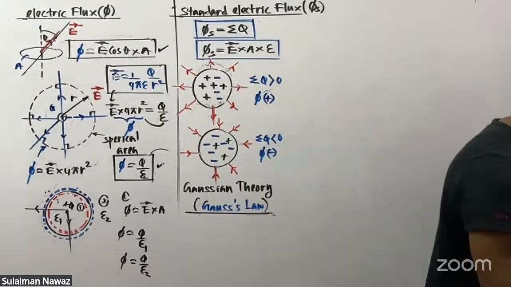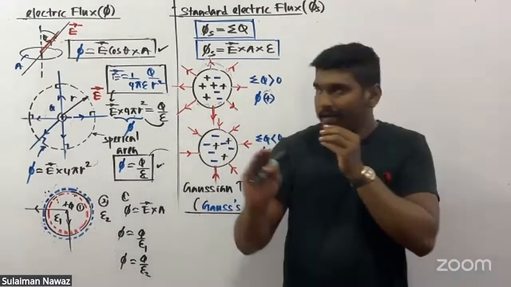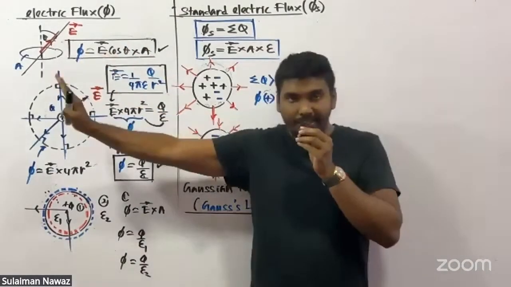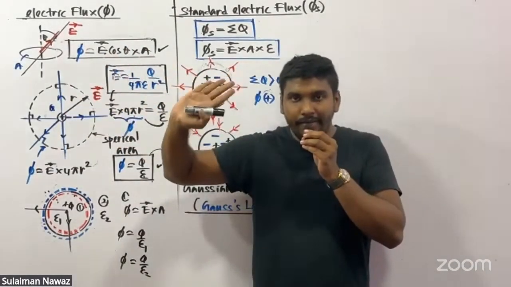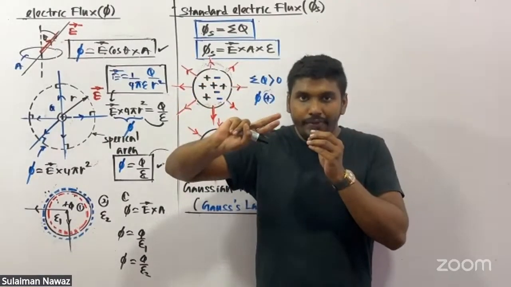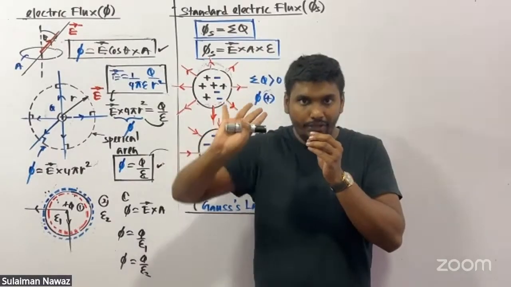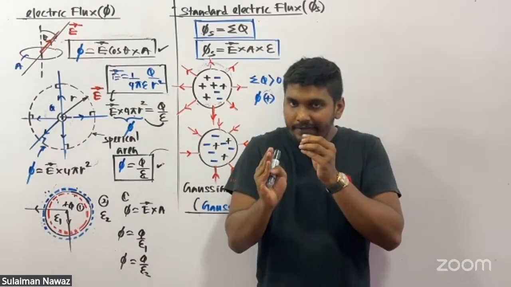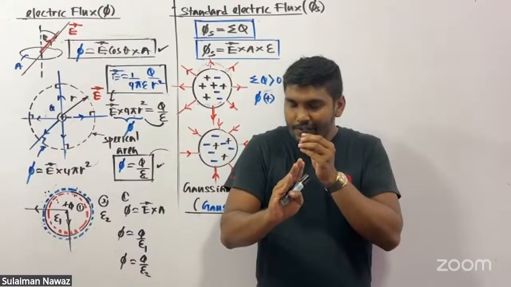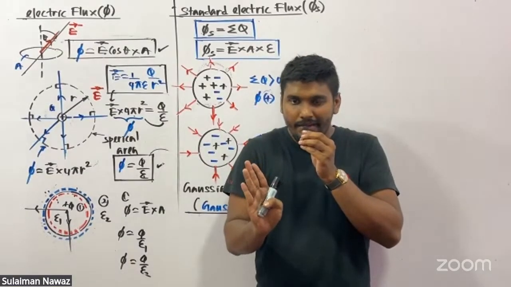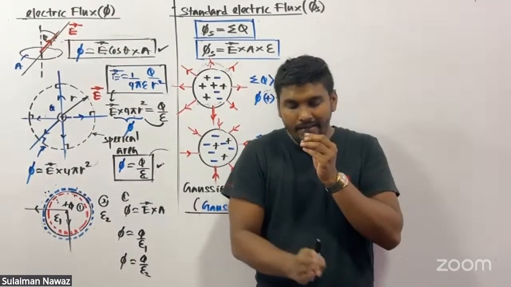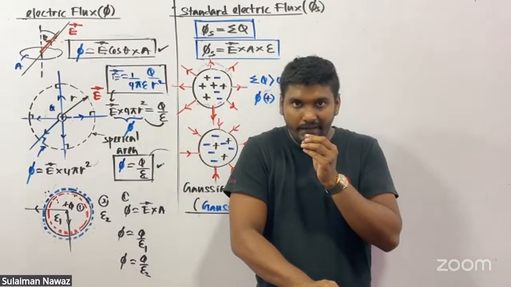Now listen. In the beginning again, I'm going back to electric flux. Remember, we can divide electric flux into two different types. One is effective electric flux, the other one is standard electric flux. Mainly we are dealing with effective electric flux only.